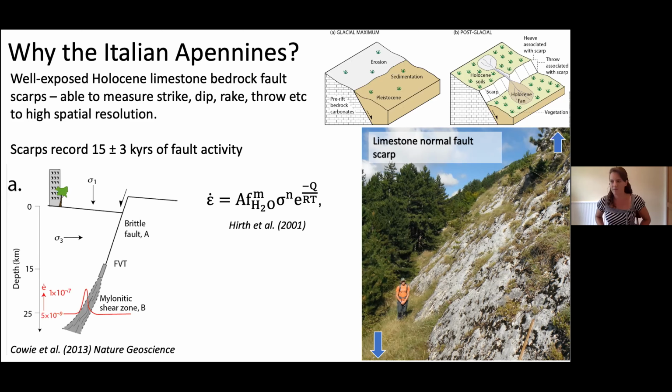To get an idea of what the shear zones are like in terms of their geometry, this study by Patience Cowie in Nature in 2013 looked at quartz flow laws, experimental laws that we get from the labs, looking at tiny samples. And they related the strain rate with the stress in the Apennines from looking at the long wavelength topography and the strain rates across the faults.